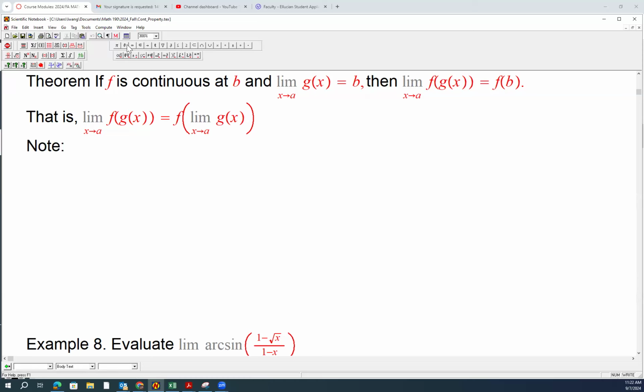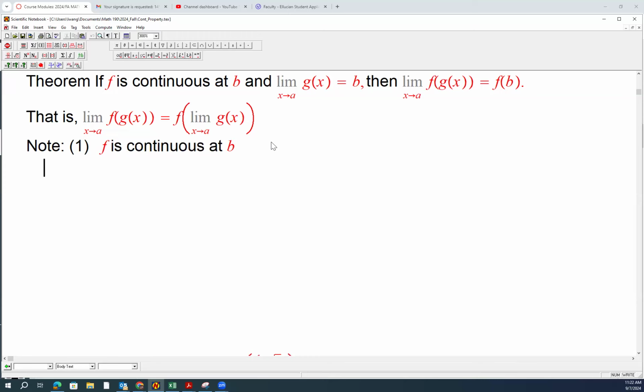So f is continuous at b. That's the first condition. Second condition, it did not require g to be continuous at a, as a matter of fact.